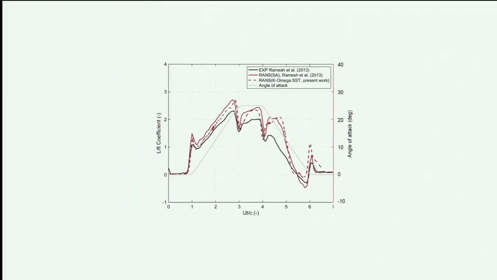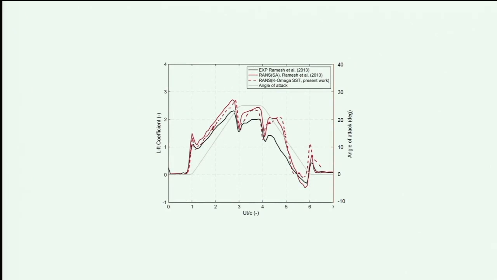Here is the result from the RANS simulation with transition model. You can see they are pretty much the same as the one without transition model. It seems like no significant gains have been achieved with the transition model.